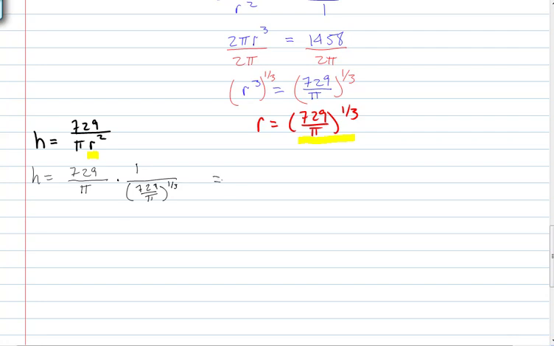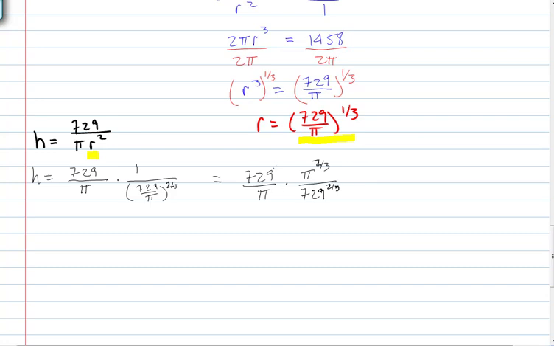So this is equivalent to 729 over pi times the reciprocal of that, which is pi to the 1/3 over 729 to the 1/3, right? On the first. 2/3. 2/3. When you raise a power to a power, you multiply. So that's pi to the 2/3 over 729 to the 2/3. Glad you said that. Now, I'm dividing with common bases, aren't I?